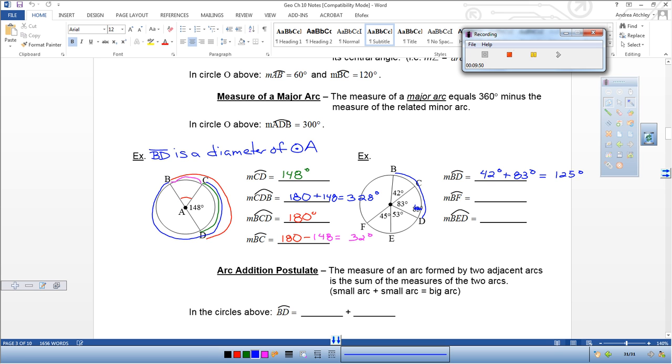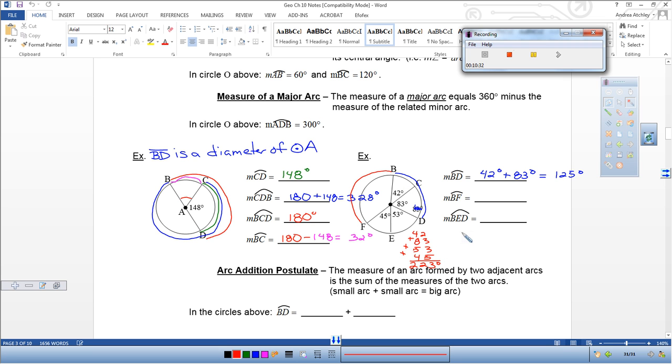Next one would be BF. To find BF, we have to add up all of these angles: 42 plus 83 plus 53 plus 45. What's that give me a total of? 223.